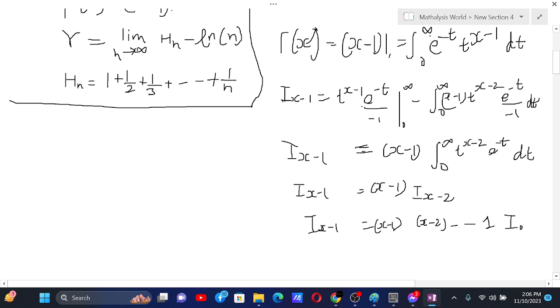For I of 0, we have t to the power 0, so that is the integral from 0 to infinity of e to the power minus t dt. And this is e to the power minus t by minus 1. At infinity it's 0, at 0 it's minus 1, so that's 1. So I of 0 is just 1, and then we get x minus 1 factorial. Yeah, now we have got this expression.